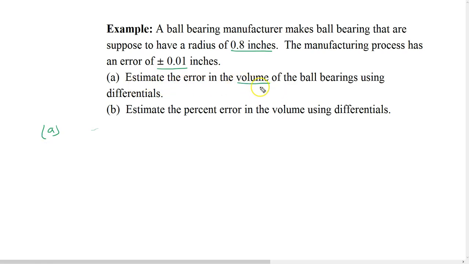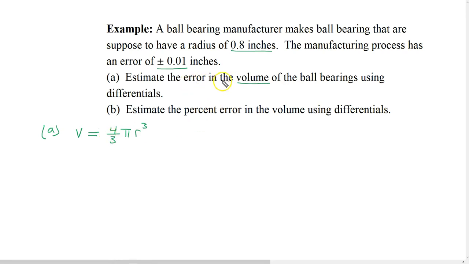Well, we need a volume formula. Recall that the volume of a sphere of radius r is 4/3 pi r cubed. That's a formula from geometry for the volume of a sphere of radius r, and a ball bearing is a sphere.